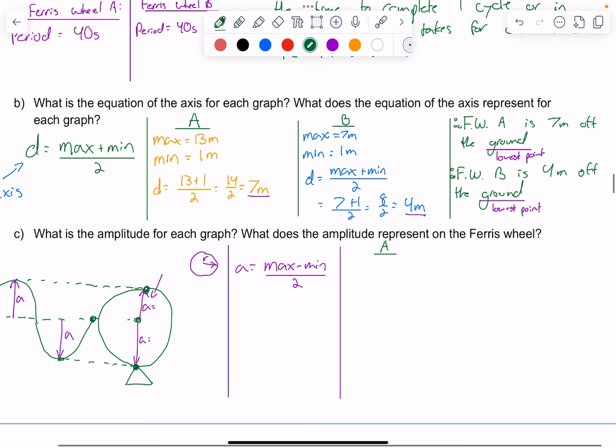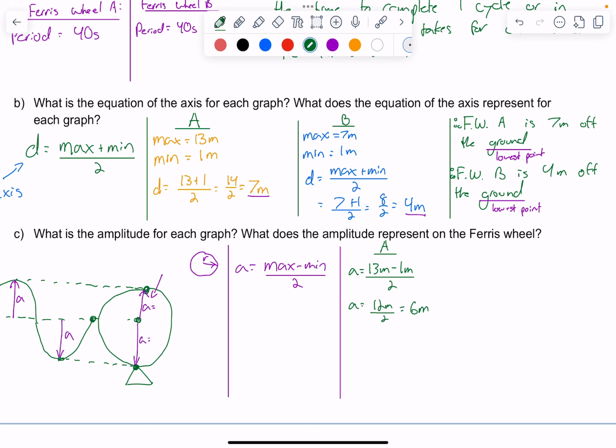So it's like the distance from the center to the top, or vice versa, the center to the bottom. So A is max minus min, so we can just look right up here and see what our values are. So 13 meters minus 1 meter, divide that by 2. So A is 12 meters divided by 2, or 6 meters.